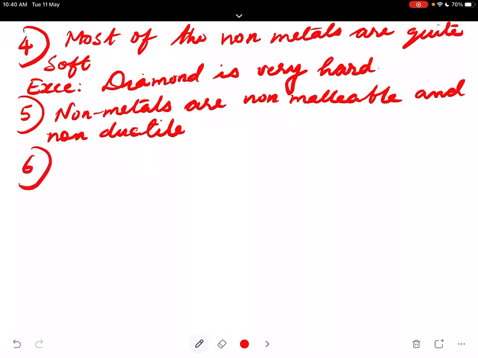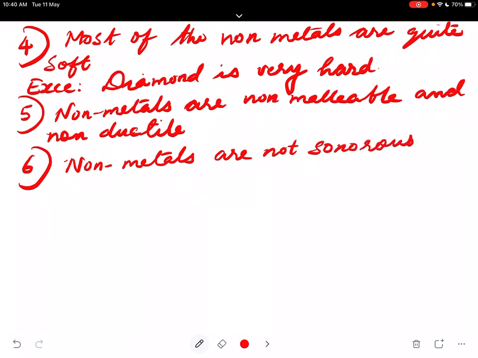Number 6. Non-metals are not sonorous. Sonorous means when struck, it makes a tinkling sound. Now, non-metals, if you hit them, no sound will come. That is, non-metals are non-sonorous.